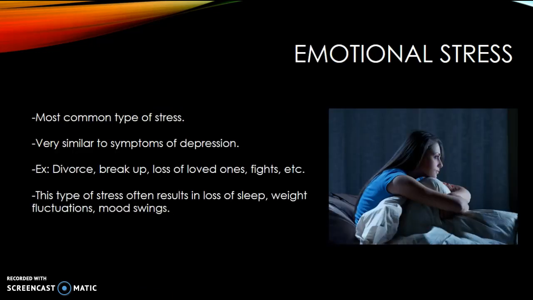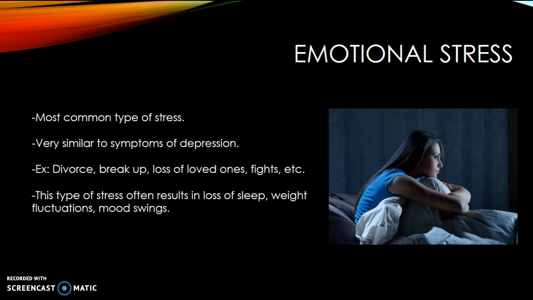Next, we're going to talk about emotional stress. This is the most common type of stress. This is what you see on a regular basis. This is something that affects everybody. It's very similar to the symptoms that you find in depression.